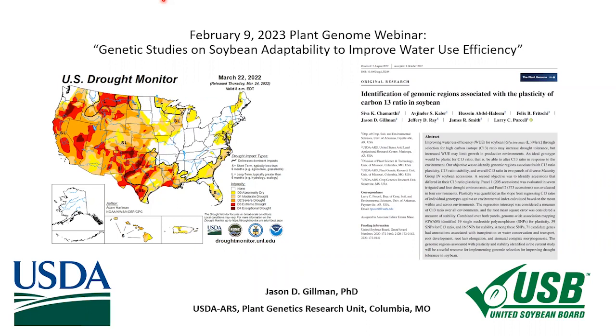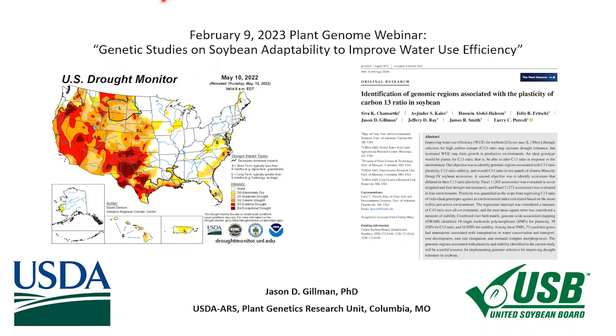Dr. Gillman's research focuses on identifying and characterizing genetic factors to improve soybean seed quality and tolerance to elevated temperature and drought stresses. Today, Dr. Gillman will speak about his research using the ratio of carbon-13 to carbon-12 in plant tissue as a surrogate measure of water use efficiency. The research report will be published in the March issue of the Plant Genome.